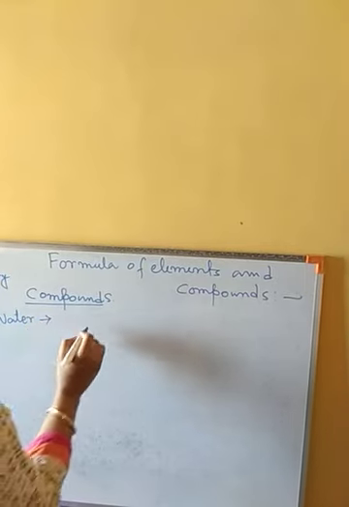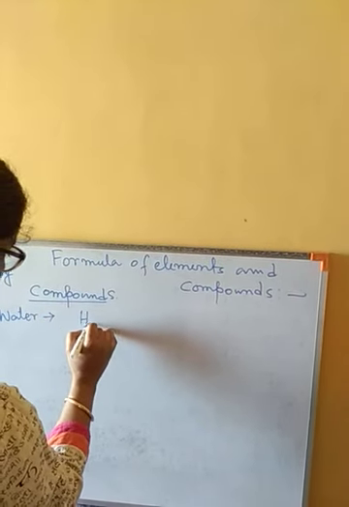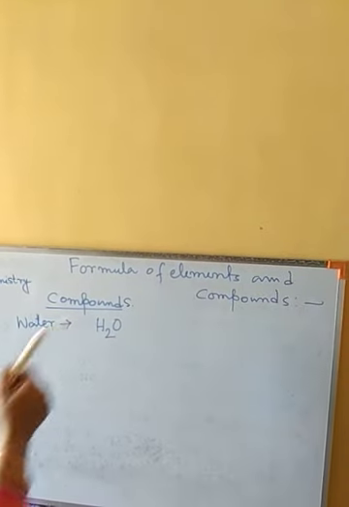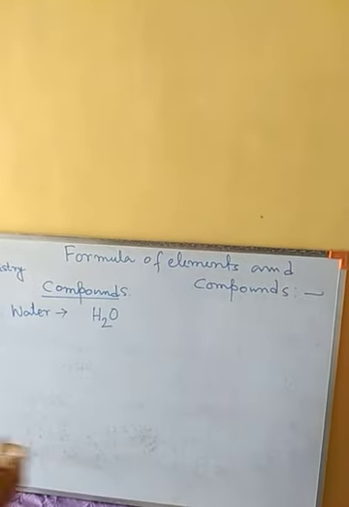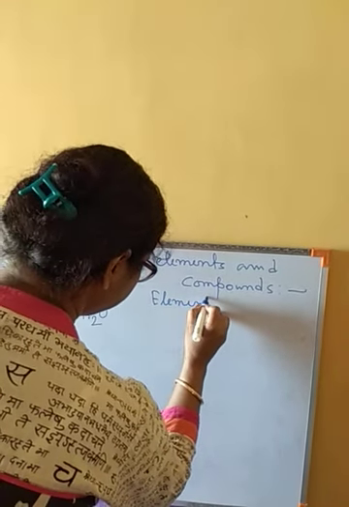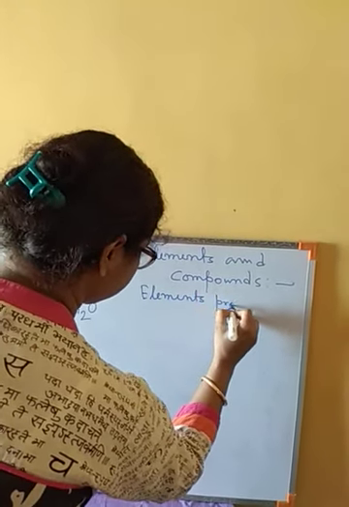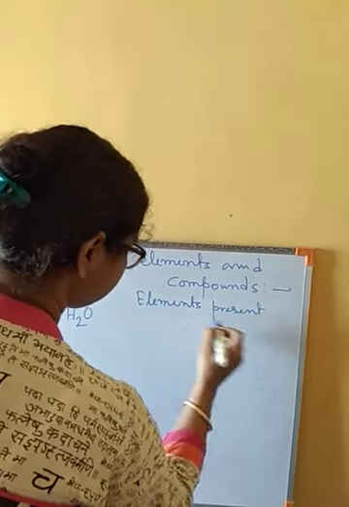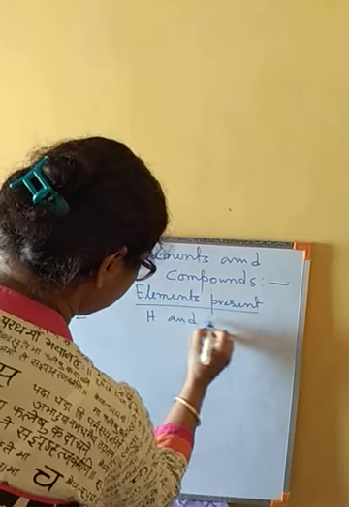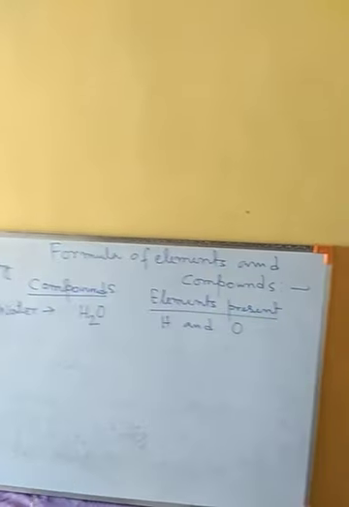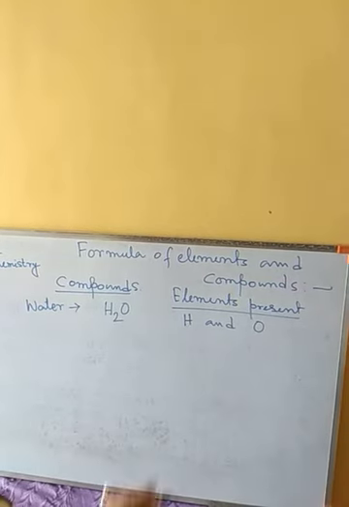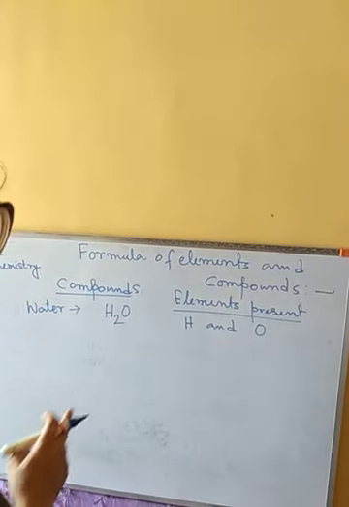So water, we represent it in this manner, H2O. In water, hydrogen and oxygen, these two elements are present, and we represent them with their symbols. Full names I am not writing here.